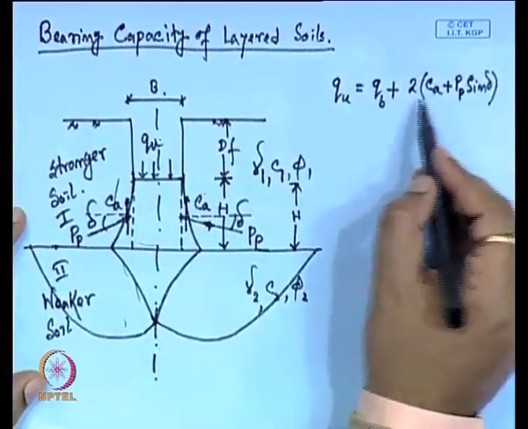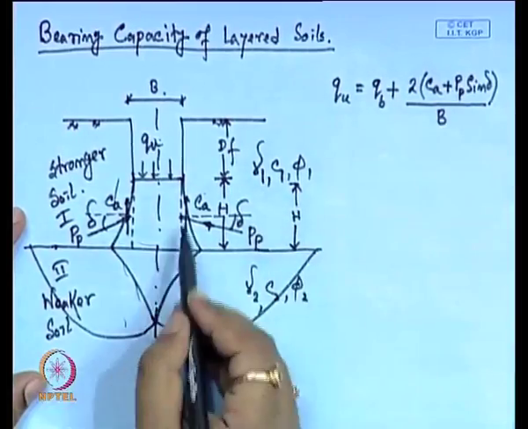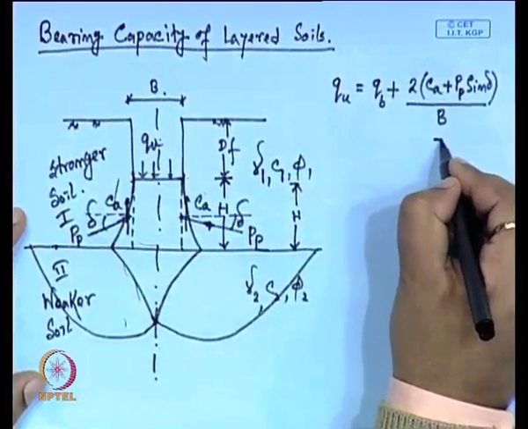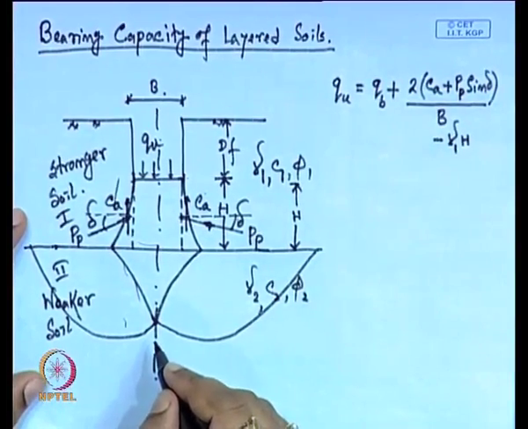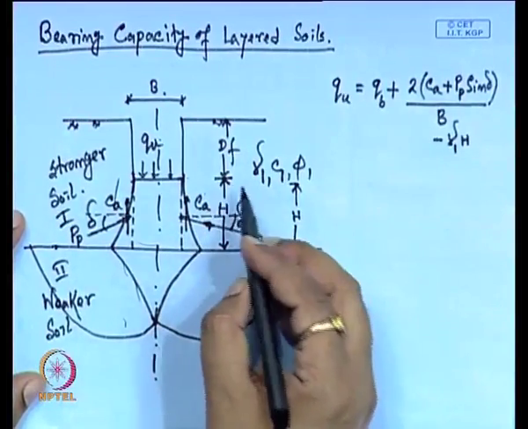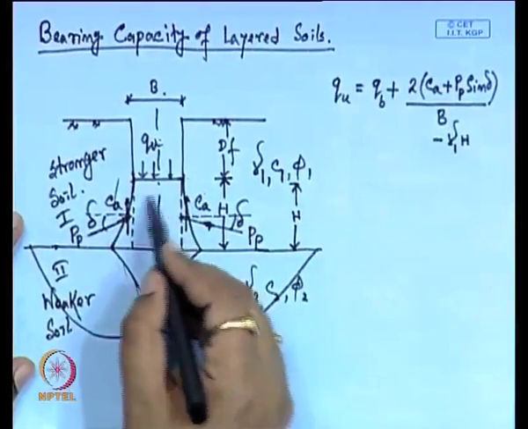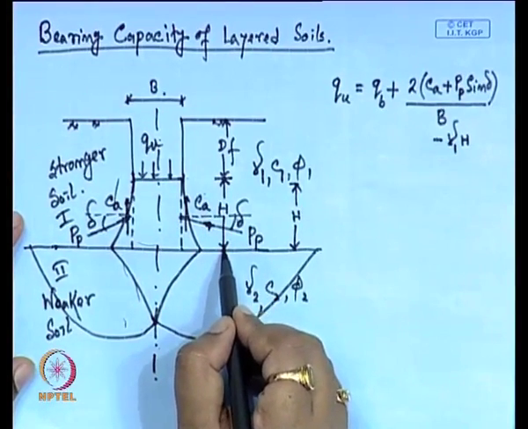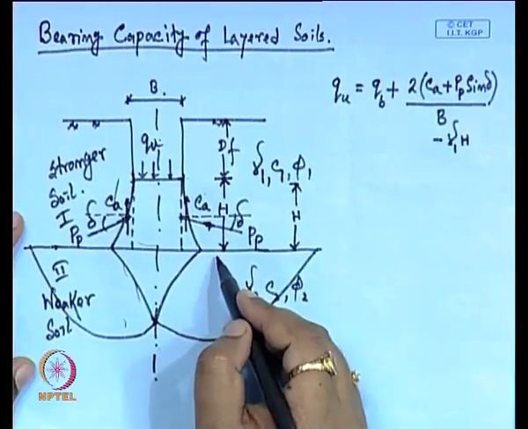So, that means these are the upward forces divided by B, because these are acting over a width of B, minus gamma 1 into H, because this is the load, the Q that is acting here, gamma 1 into H, that is the surcharge below the base of the foundation up to the start of the second layer, or up to the end of the first layer.